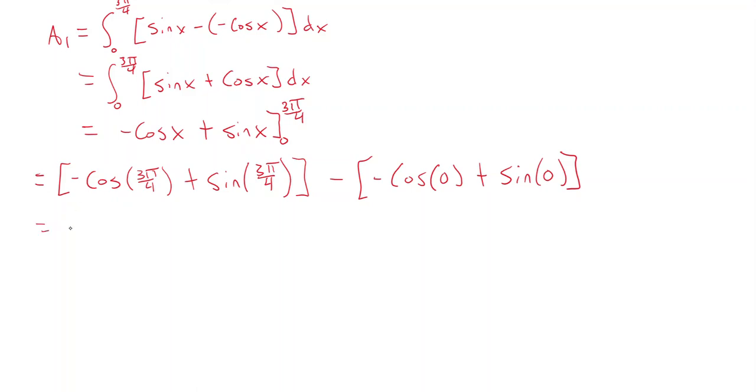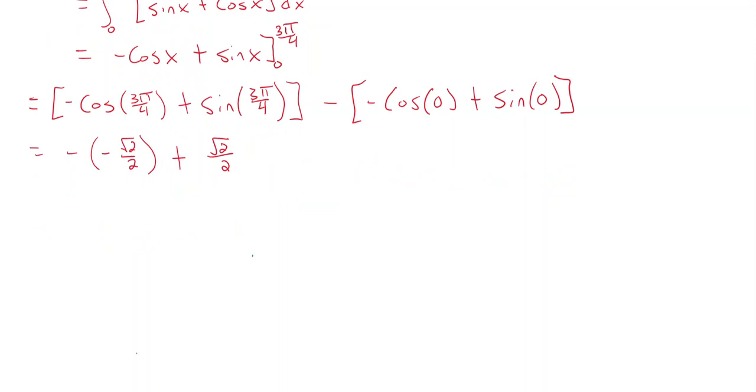Now cos of 3 pi over 4 is negative root 2 over 2, so with the negative in front it's positive. Then plus, my sin value there is also positive root 2 over 2. And then minus: negative cos of 0 will be negative 1, and sin of 0 is 0, so this is minus negative 1, which would really be plus 1.